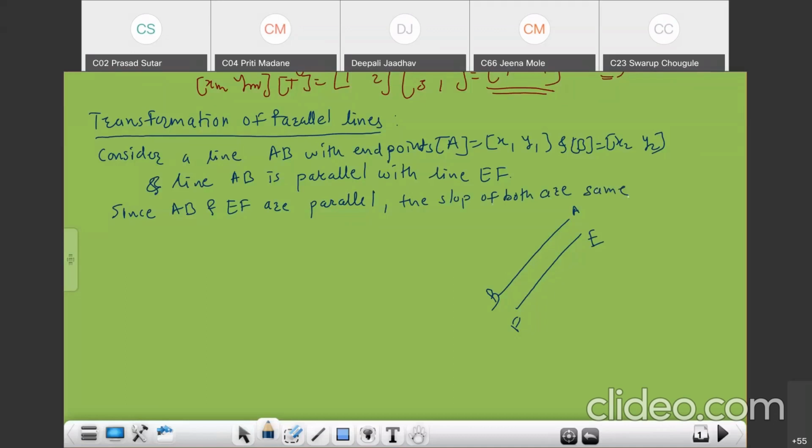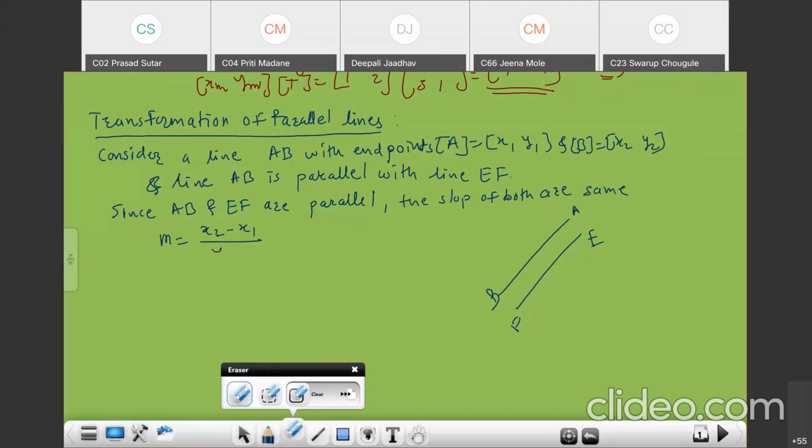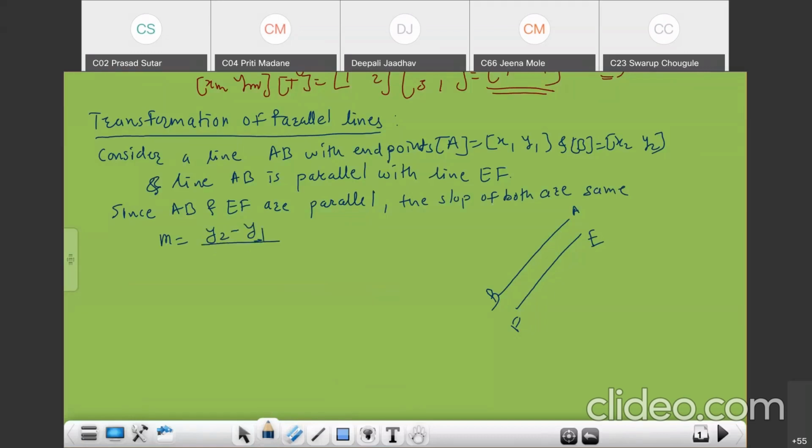And how do we calculate the slope? M is equal to (y2 minus y1) divided by (x2 minus x1). Means the slope of both lines is equal. Now we find the endpoints of the transformed line.